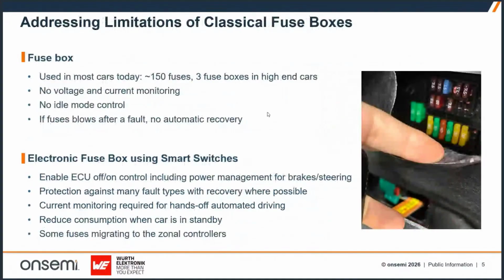Then you have the fuse box. I'm showing a picture of the fuse box in the car I'm driving today. It has about 150 fuses. There's no voltage or current monitoring, no idle mode control. I'll give you an example. I went to the airport, had some document I needed in my glove compartment, opened it, and left it open by mistake.